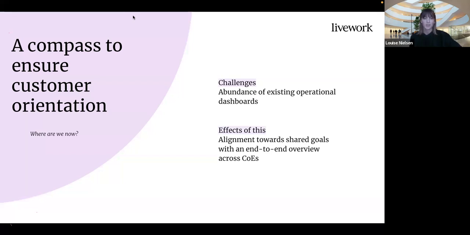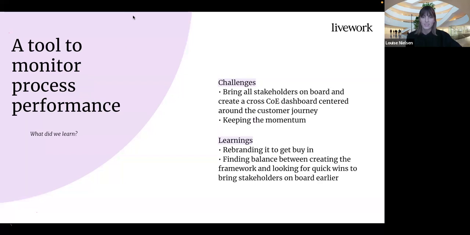If we move on to the next slide, we have gathered some learnings on that journey, after having this quite extensive overview of the metrics and the data points we want to have in operation.